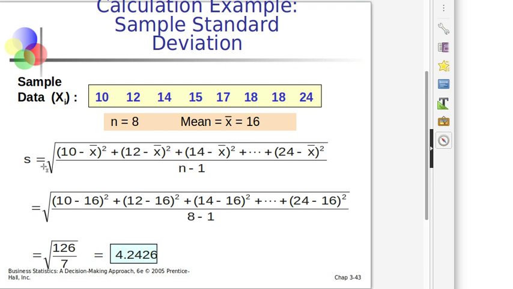Now, to compute the sample standard deviation, you need the mean, here, 16, because we are calculating how a certain data point deviates from the center of the sample.